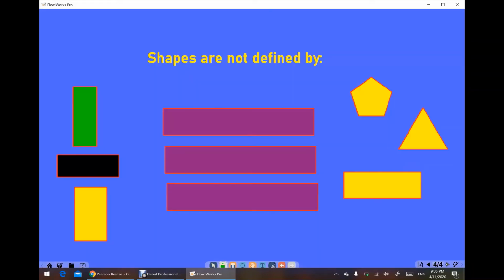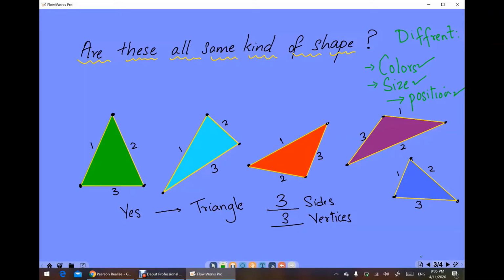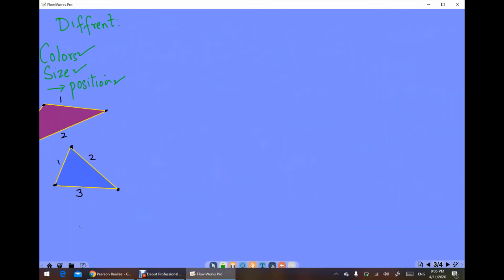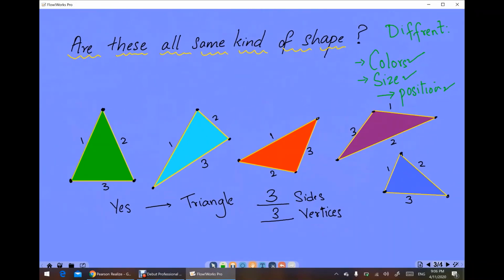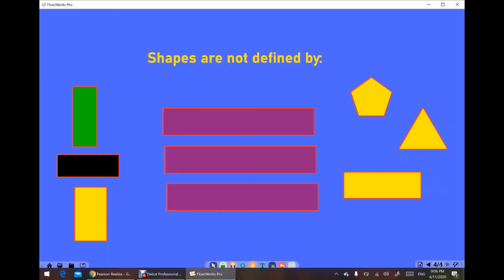Now, next. Okay. Now, shapes are not defined by what? We learned in the video that they are not defined by color.